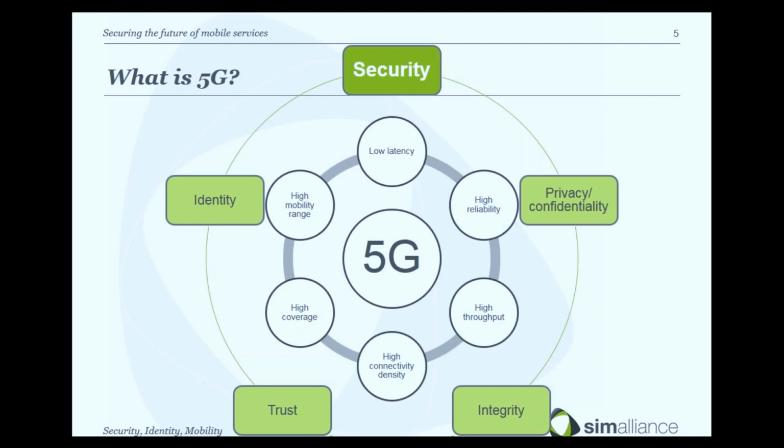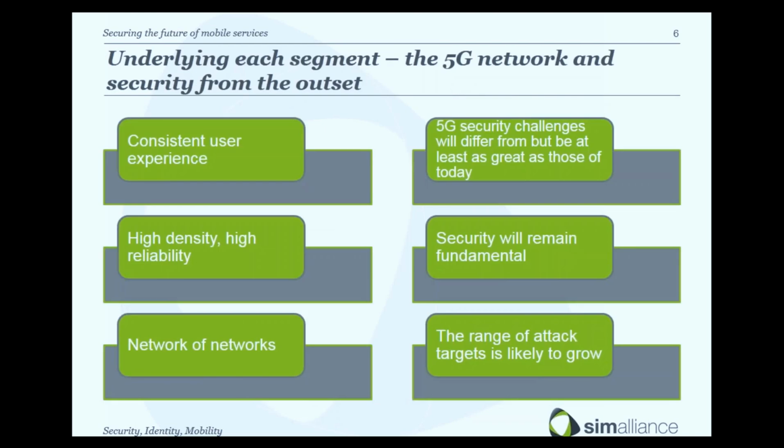These features will be provided by different network layers, leading to the need to provide security, privacy, confidentiality, data integrity, trust, and identity within a highly diverse technical and functional environment. The most important segments identified for 5G are massive IoT, V2X, critical communications, and enhanced mobile broadband. Underlying all of these is network operations.